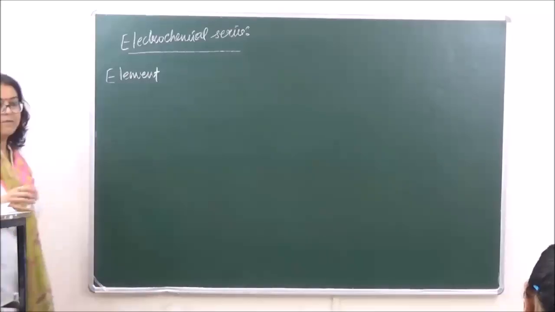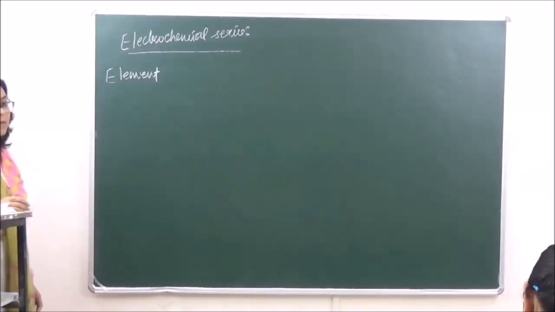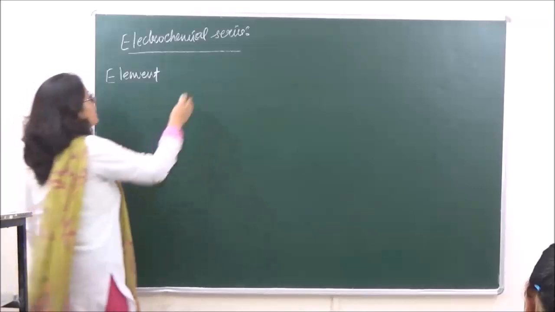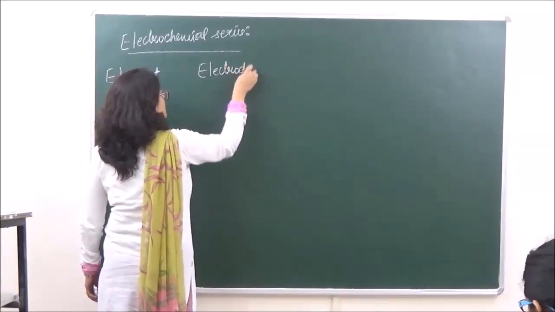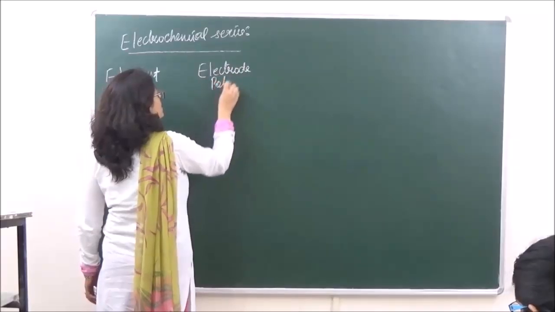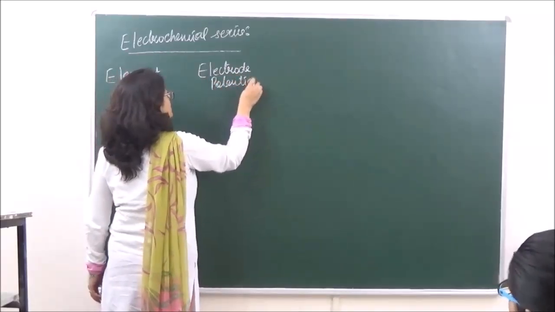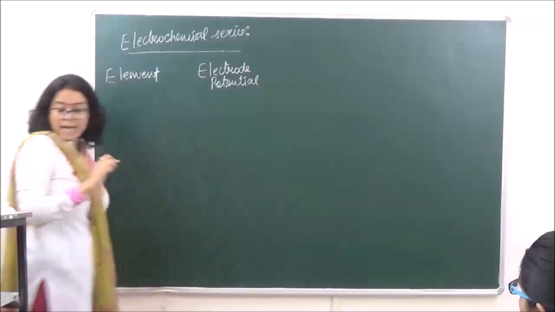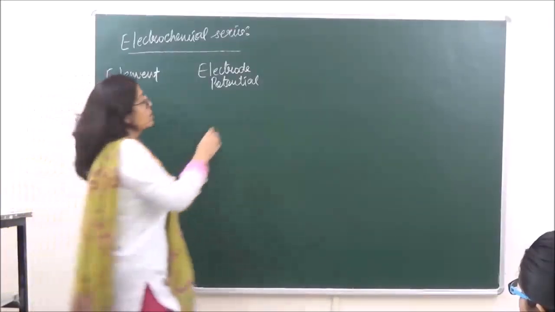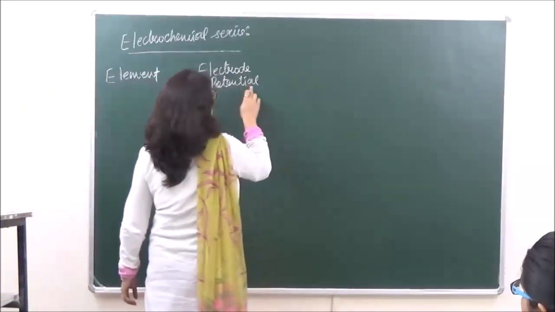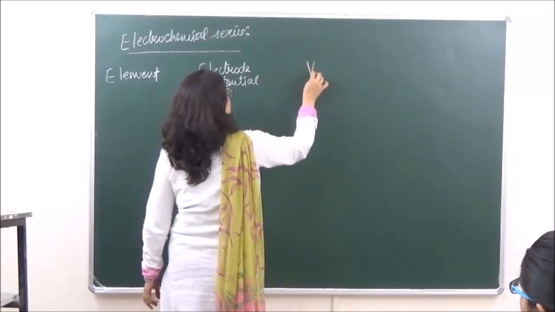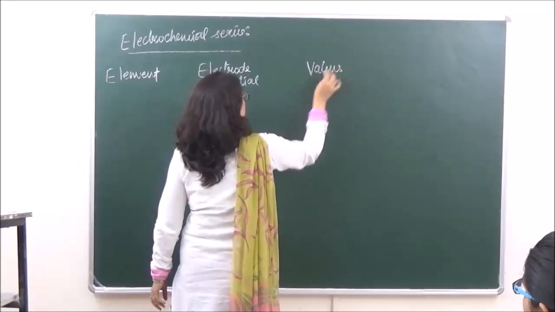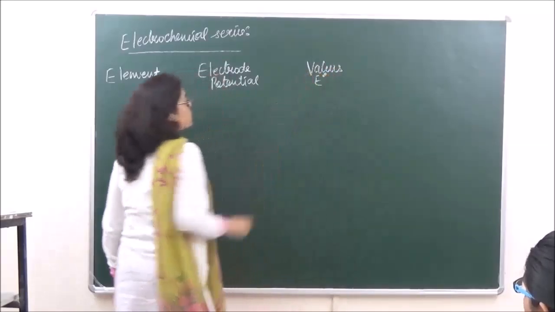So when we're talking of the electrochemical series, let's say that we are drawing it in the form of a table. We have the element, the electrode potentials, and then you can write down over here the electrode reaction, and over here we get the values for E naught.